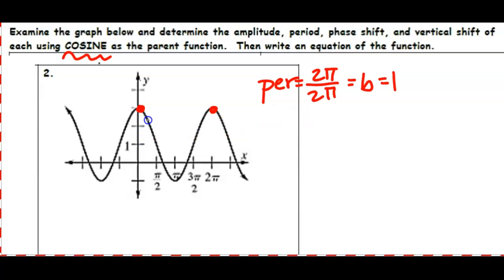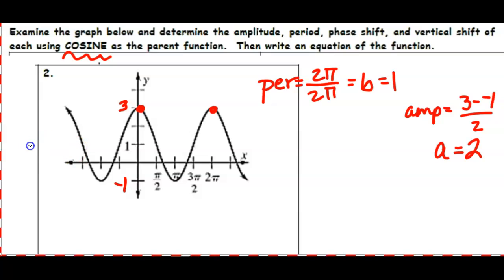The amplitude, well, the maxes are at 3, but the mins are at -1. So we could figure the amplitude by saying max minus min divided by 2, which would be 4 divided by 2. The amplitude is going to be 2.